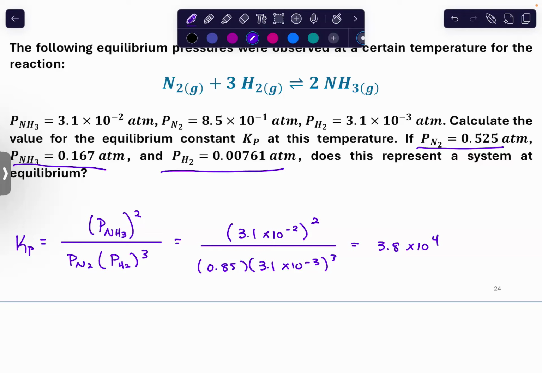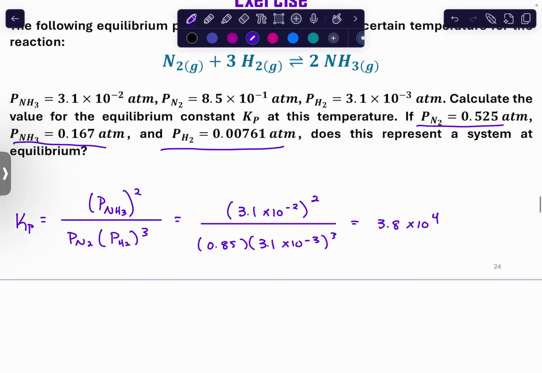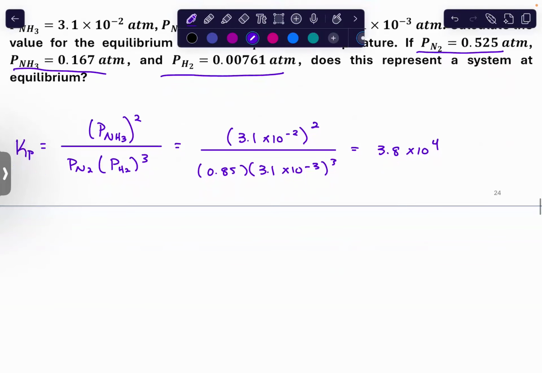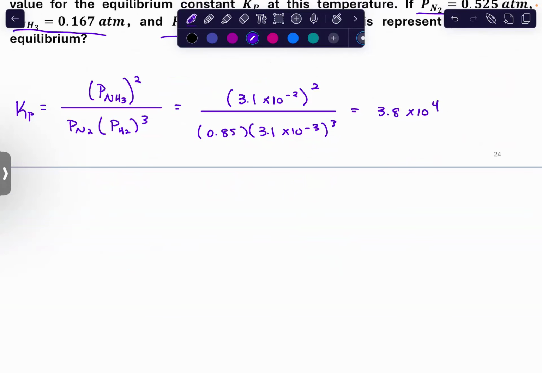Now, let's check this system with these different pressures. Now, you remember this could just be an equilibrium point. It might be, it might not be. So since we don't know exactly what point this reaction is at, we're not calculating K necessarily. We're going to calculate the reaction quotient Q, which is the exact same equation.